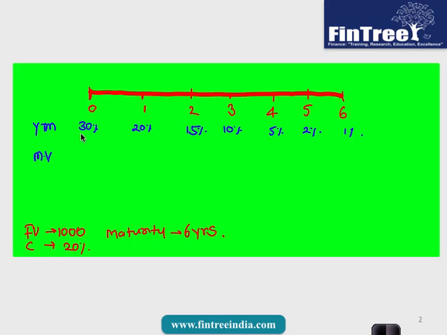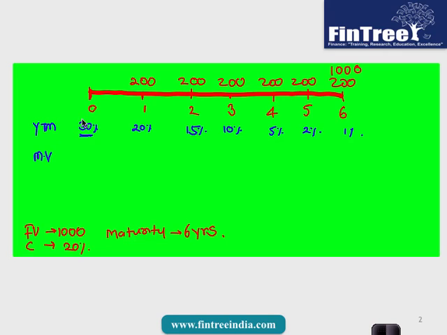So when you're here, how many cash flows are left? So what are the cash flows here? Every year the cash flow would be 200, and by the end of 6th year there would be a cash flow of 1000. So when you want to value the bond here at time 0, all these cash flows are discounted at the rate of 30%.